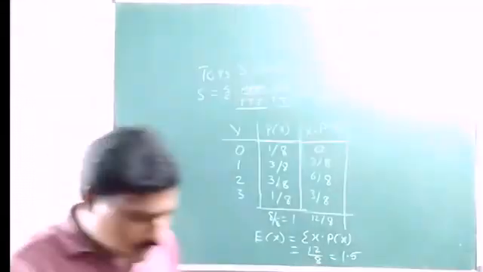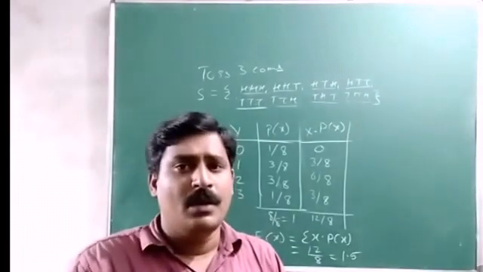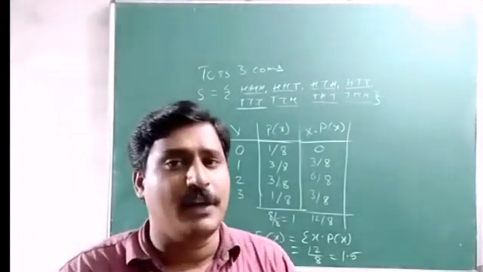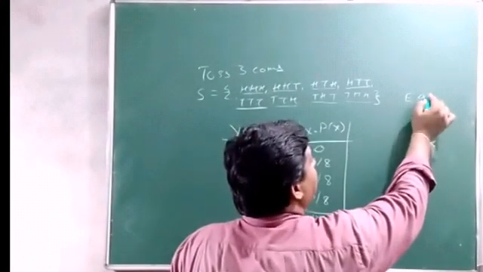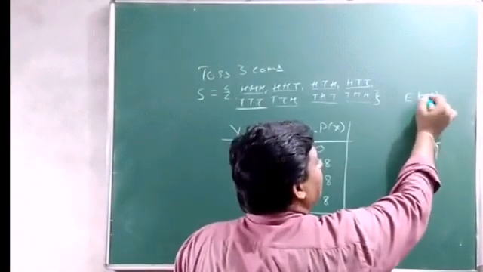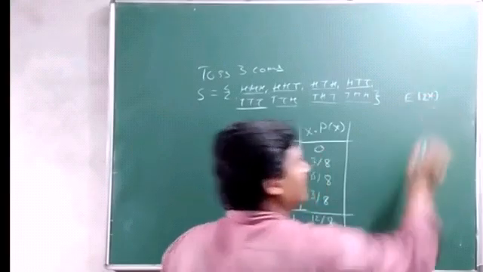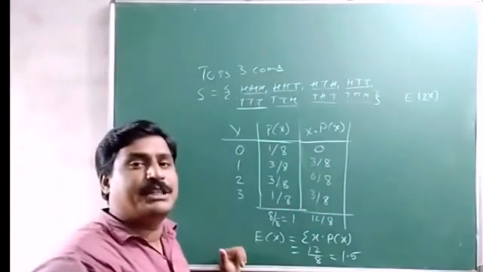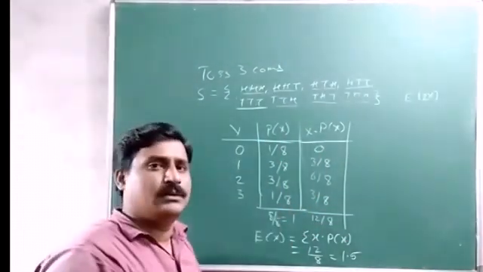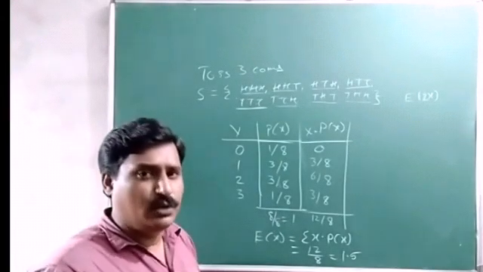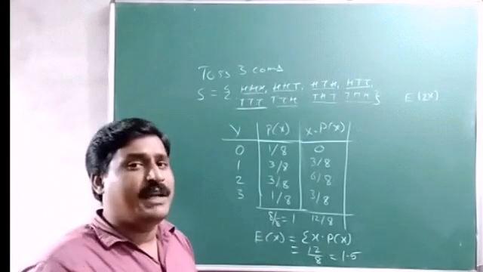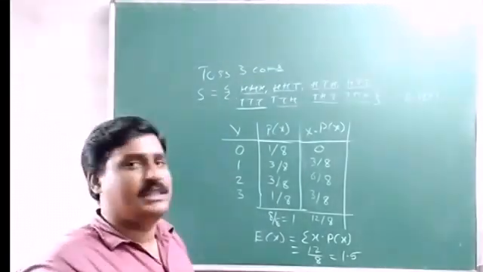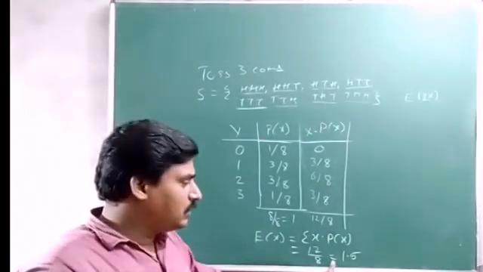Okay. So now here, if you take any constant value, suppose E of ax. Let us take a here as 2, so 2x. Expectation of 2x. That we already learned, E of ax is equal to a into E of x.